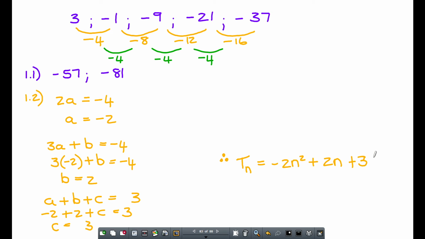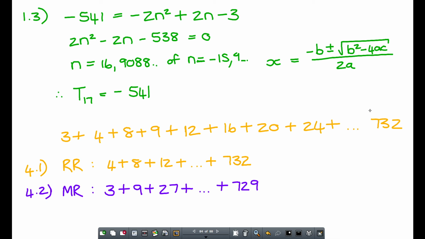Dan 1.3 vra hulle vir jou, watter term het 'n waarde van minus 541? Okay, now I just quickly want to correct my mistake because I worked with a minus 3, so daar gaan wees plus 3. So laat ek net gou reg maak.